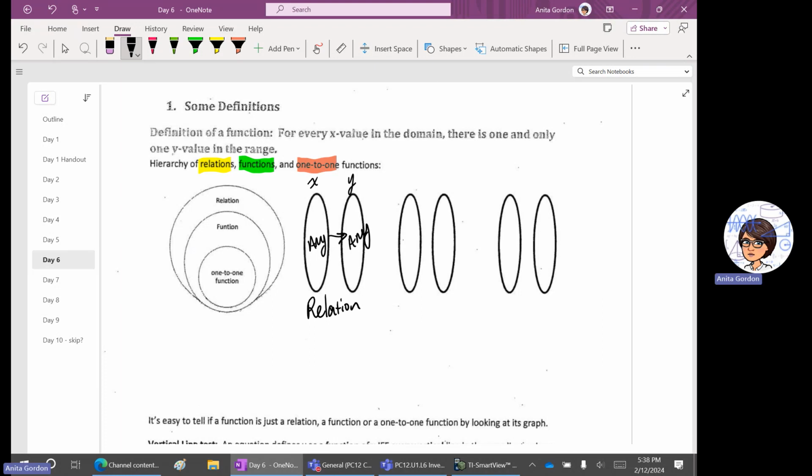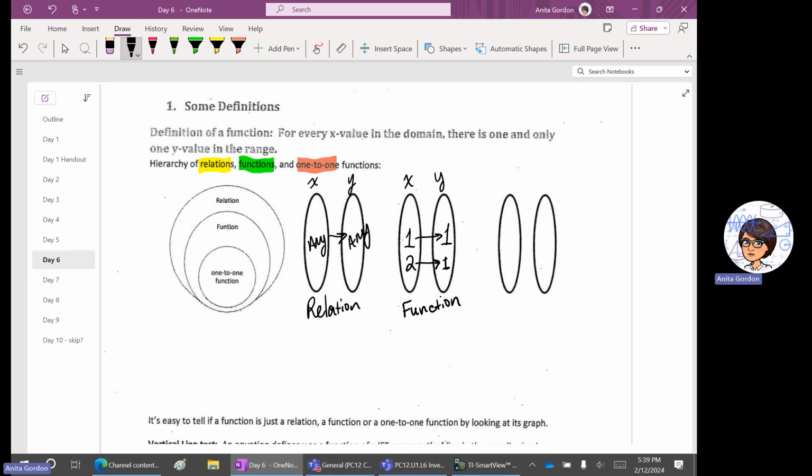Okay, and when we have one x producing only one y, then we call it a function. Now, another x can produce the same y. However, if one x produces one y at any given point, that is a function.